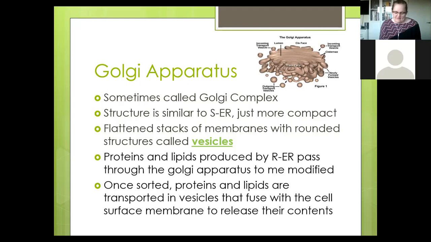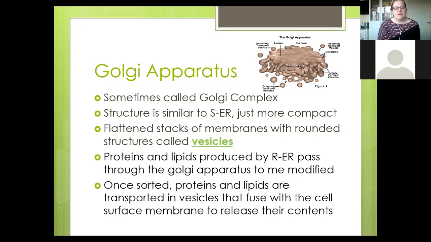The job of this is it processes and packages new lipids and proteins, and it also makes something called lysosomes. So proteins and lipids are produced by the rough endoplasmic reticulum, and they pass through the Golgi apparatus to be modified. So here they're being processed, they're being packaged. Once sorted, proteins and lipids are then transported into our vesicles that fuse with the cell surface membrane to release their contents.